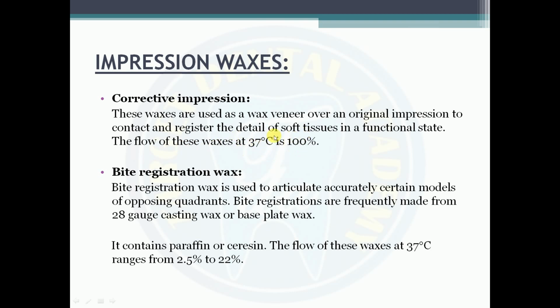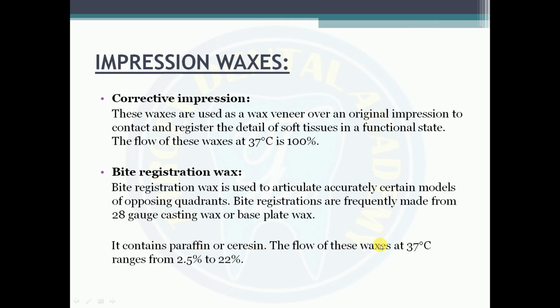It is very important. Coming on to the bite registration wax, the bite registration wax is used to articulate accurately certain models of opposing quadrants. Bite registrations are frequently made from 28 gauge casting wax or base plate wax. It contains paraffin or kerosene.